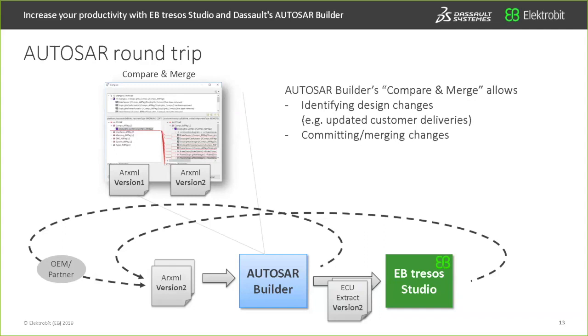So it's not just a textual compare, it's really an AUTOSAR-aware compare, which shows you the differences of two projects in terms of whether it's just different or whether an object exists which doesn't exist in the other project, and so on. And once you have identified the changes, you can then commit the changes and merge them into your existing design.